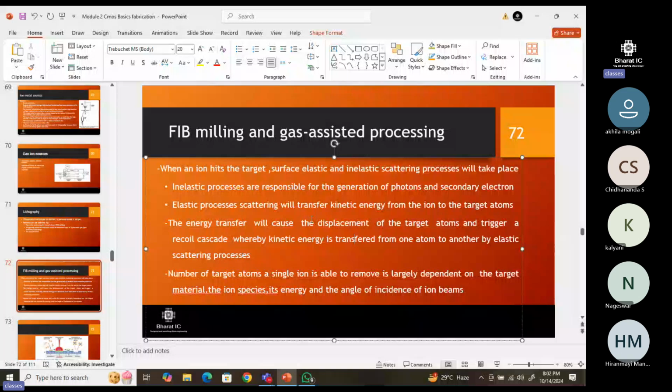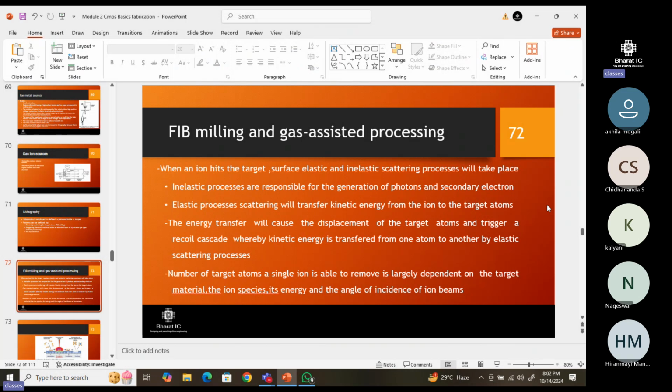In that case it is called electromigration. I will come to that a little bit later. The energy transfer will cause the displacement of the target atom and trigger a recoil cascade, wherever kinetic energy is transferred from one atom to another by elastic scattering.